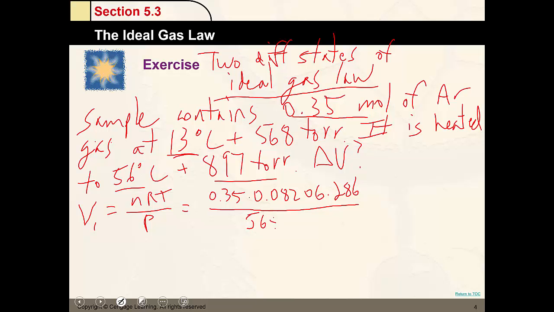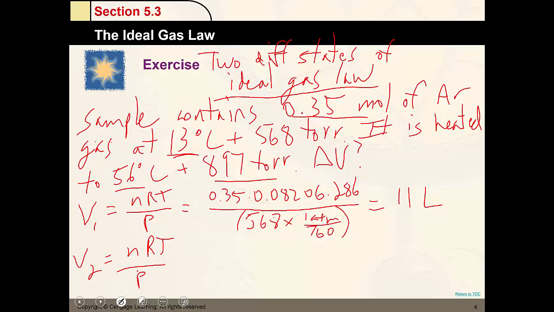And here we had units of torr for pressure. So that means if we want to convert to atmospheres, we have to divide by 760. Okay, so doing all that, we get a volume of 11 liters.